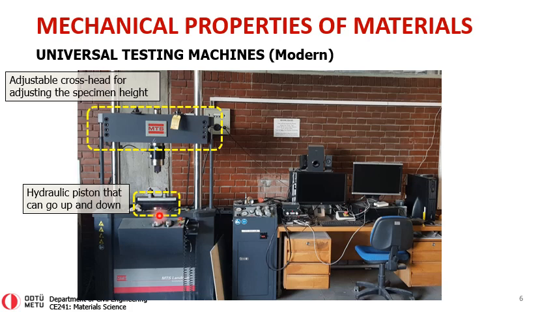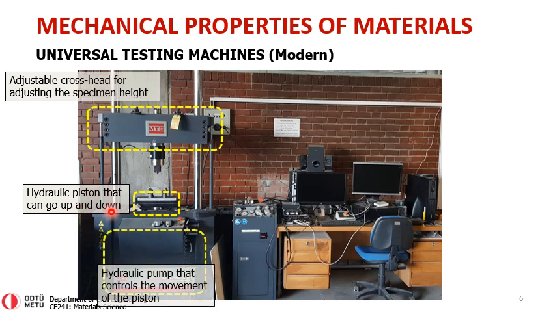It's a hydraulic piston. So the hydraulic piston goes up and down, and depending on what type of testing you want to perform, you place your material over here. This hydraulic piston is of course connected to a hydraulic pump, and that controls the movement of the piston up and down.